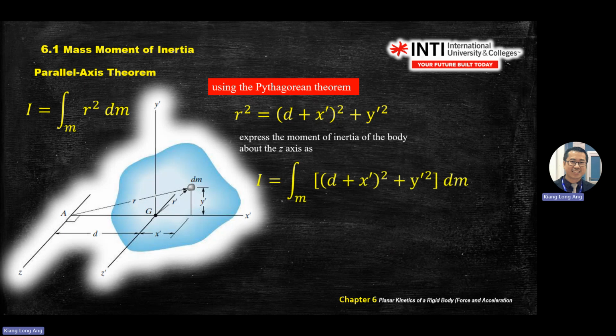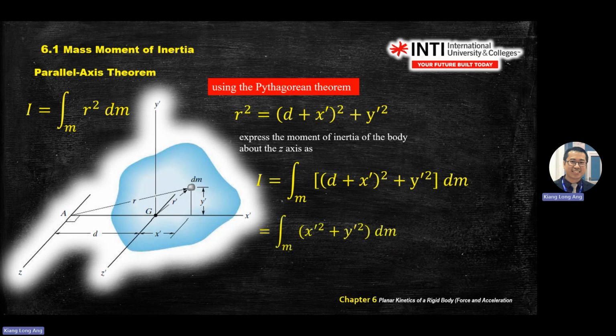So we want to express it in the z-axis: I equals the integral of R square dm. What is your R? R square is this square plus this square. So we want to use this distance and R comma, so we change the R into this term from this diagram.